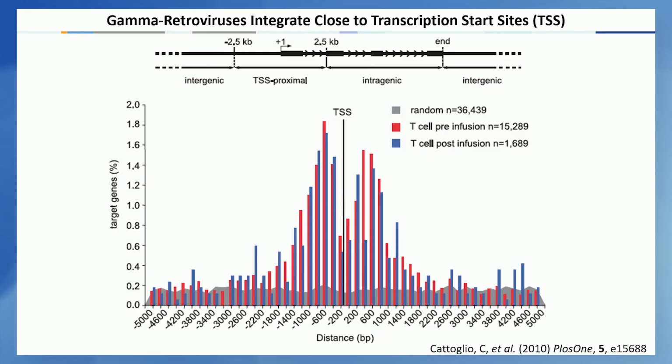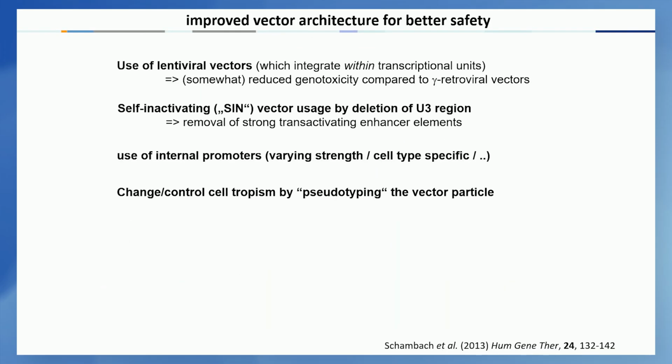And because the distance to the transcriptional start site is so close, of course you can expect that expression of that gene is somehow mixed up. So how can we improve the architecture of these retroviral vectors to improve the safety profile?